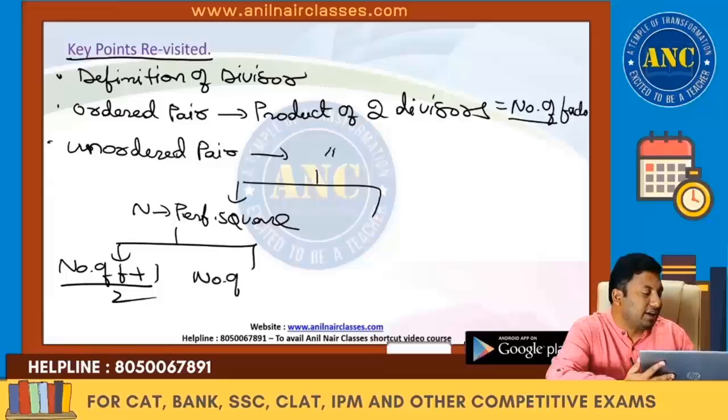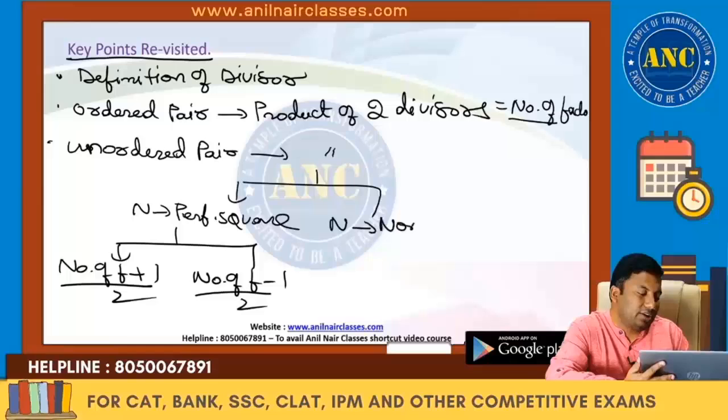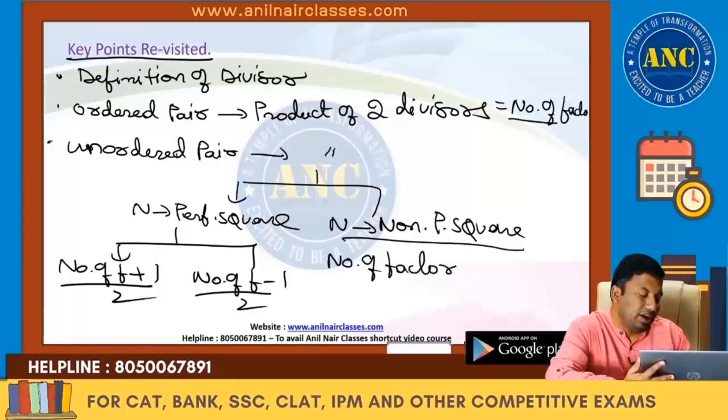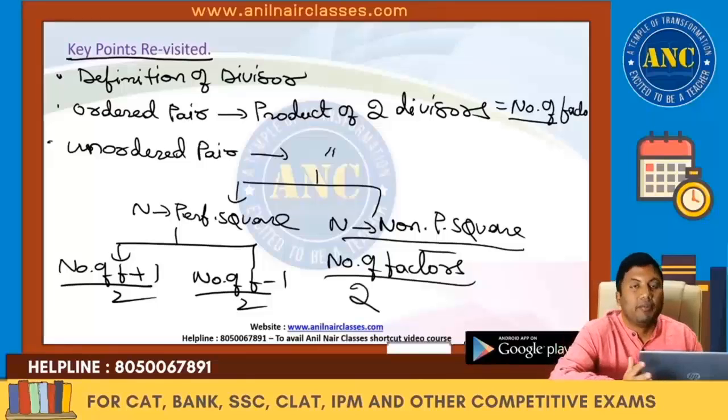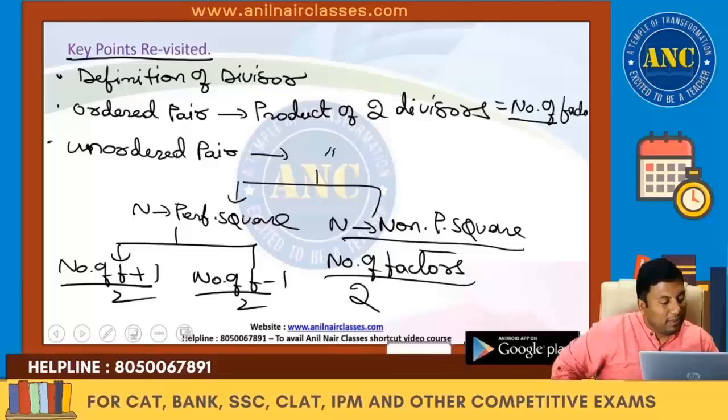If n is a non-perfect square, (number of factors minus 1) by 2 is not it; number of factors divided by 2. I hope these three important concepts are all based upon this one.